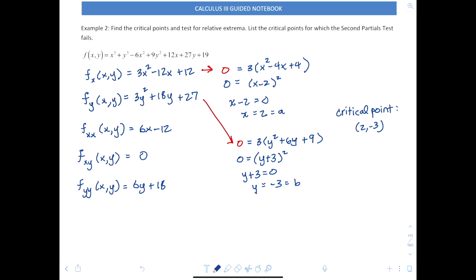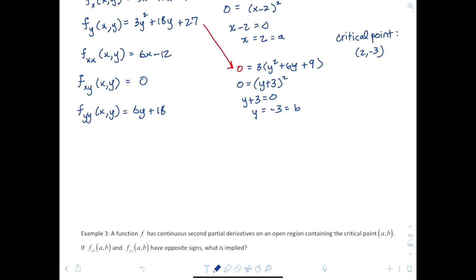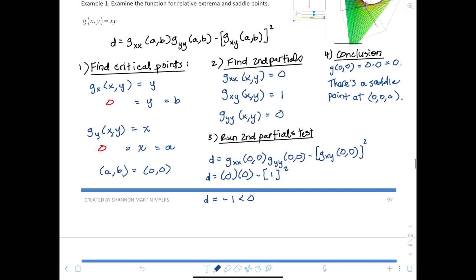Okay, so now D is going to equal 0 times 0 minus, remember we're doing our f at x and y, the quantity squared. I'm just doing this D here.